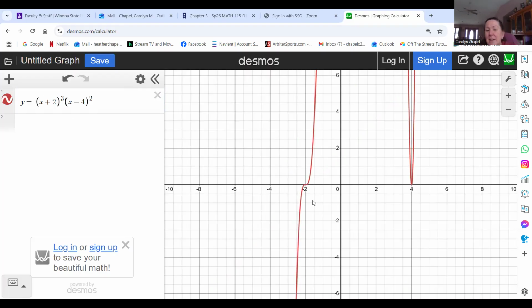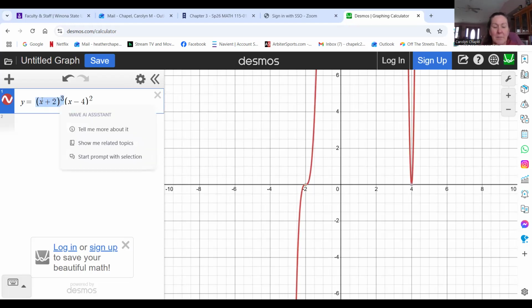All right, so you can see, first of all, near that 2, how that little flattening out, like a little cubic sitting there. This happens to be a very, very steep quadratic, very skinny quadratic, because it is being stretched as well. It's being stretched by this cubed part up front. So that's the part that's doing the stretching for us.